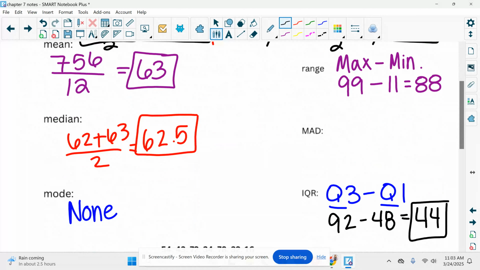So I've got 11, 19, 41, 55. You've got to also keep it organized.